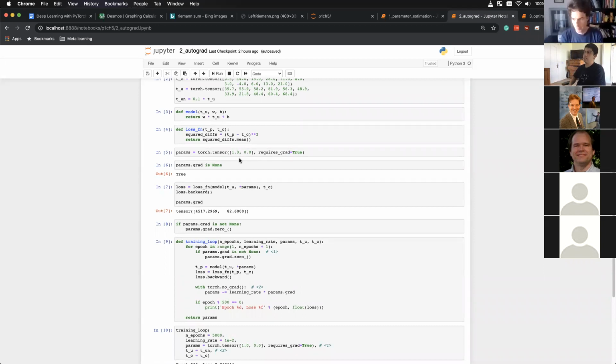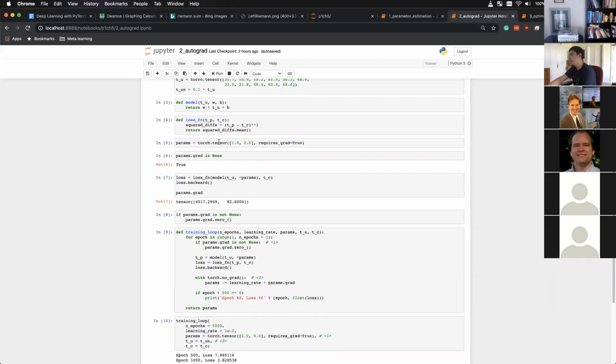Previously, in the other example, we were looking at a setup where we directly computed the derivatives with respect to all the different variables we were interested in. But in this, PyTorch will just do it for us. It doesn't make that massive a difference when we're only looking at one weight and one bias, but it makes a big difference when we've got multiple stacks of neural network and lots of different variables and stuff like that.